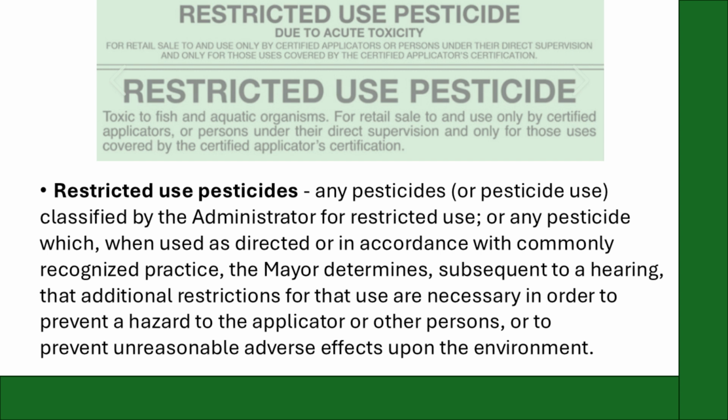Restricted use pesticides. Any pesticides or pesticide use classified by the administrator for restricted use, or any pesticide which, when used as directed or in accordance with commonly recognized practice, the mayor determines, subsequent to a hearing, that additional restrictions for that use are necessary in order to prevent a hazard to the applicator or other persons, or to prevent unreasonable adverse effects upon the environment.